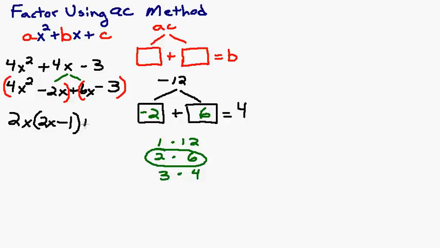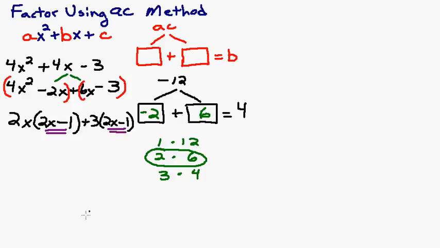My second set of parentheses, 6x minus 3. 3 goes into both of those. If I divide 6x by 3, I get 2x, and 3 divided by 3 is 1. Now, if you do this correctly, or if the trinomial is factorable, what is in these parentheses should always come out to be the same, which it did.